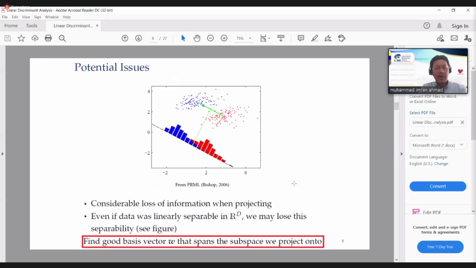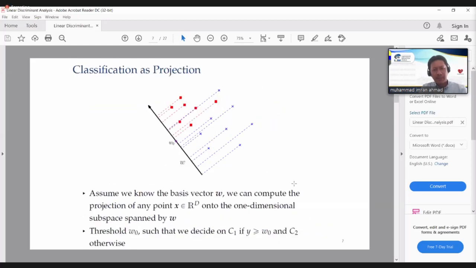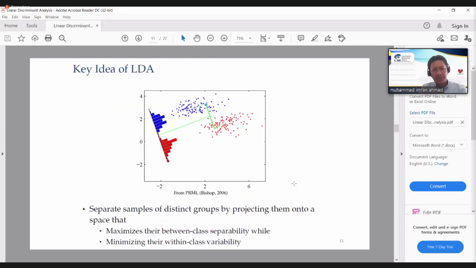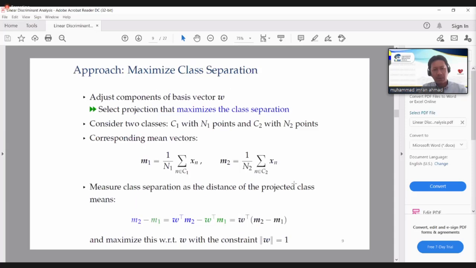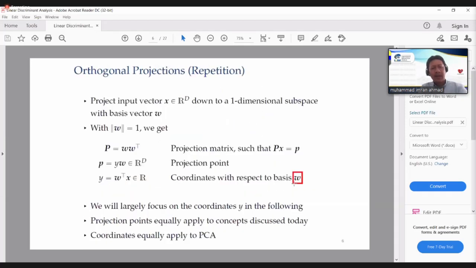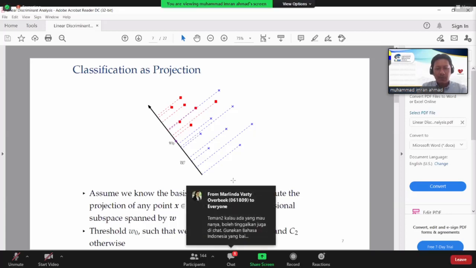Okay, so now let's have a look at what is the effect of W. W that I mentioned here is the projection vector. Let's say this is your data point. We still deal with a two class problem, red and blue.